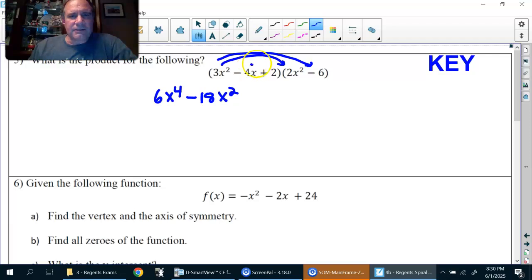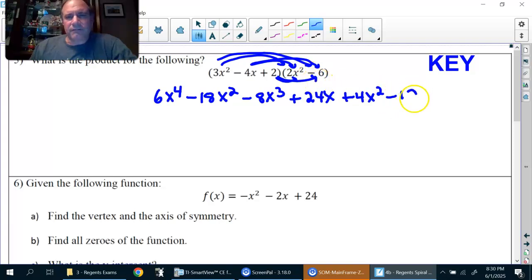Negative 4x times 2x squared is negative 8x to the 3rd. You're adding the exponents. And negative 4x times negative 6, that's a positive 24x. Last but not least, you have 2 times 2x squared, that's plus 4x squared. And you get 2 times negative 6, which is negative 12.